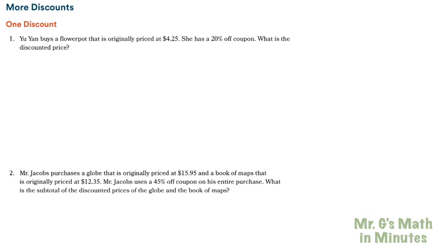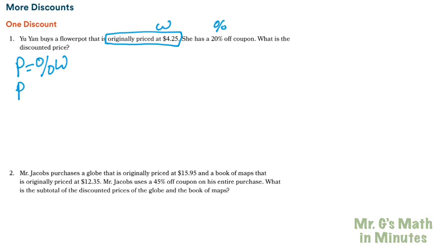So we can easily work this problem out the same way we did it last topic, and again use our same equation. And this is the way that I prefer you to use it, but you got to understand what parts you're finding here. So in this case, we are looking for the part because we have it originally priced at $4.25, which is our whole, and we have a % off coupon.